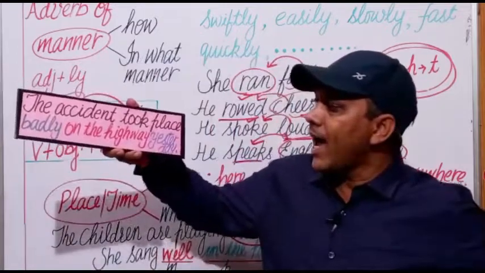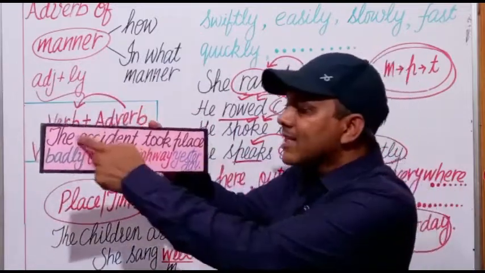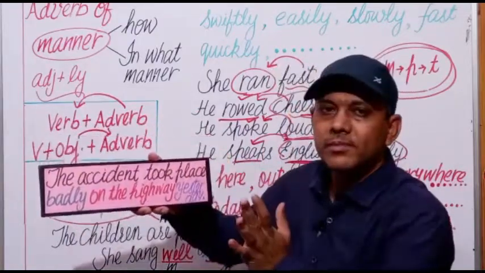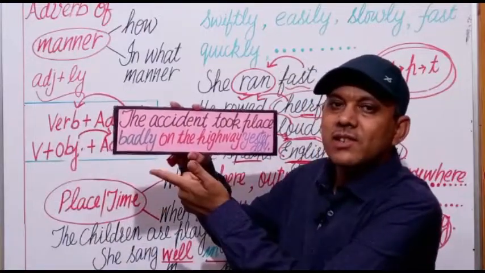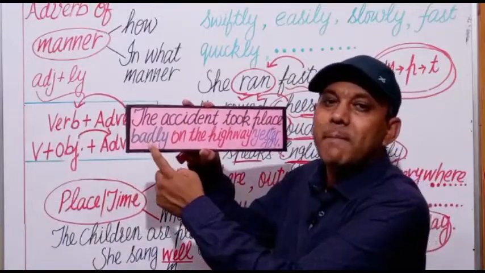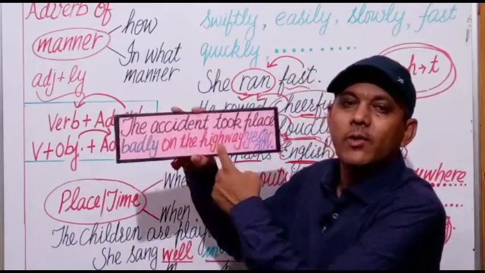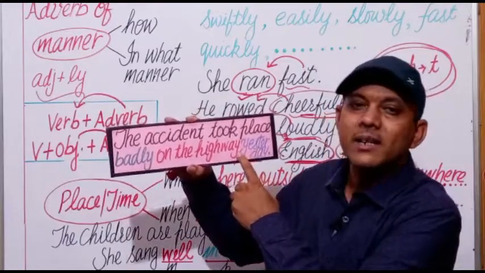Look at this sentence. The accident took place. The accident took place means subject and verb. Badly. How did the accident take place? It took place badly. Where did the accident take place? On the highway. And when did the accident take place?